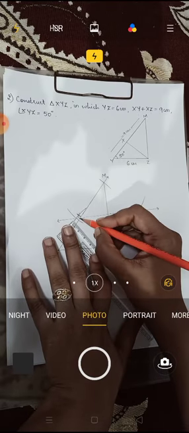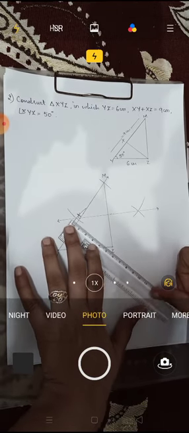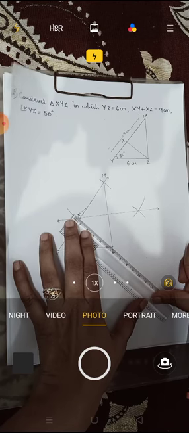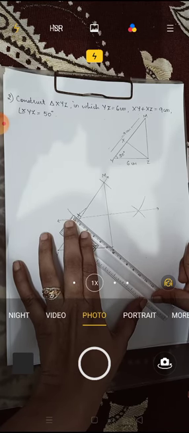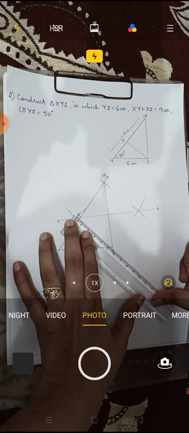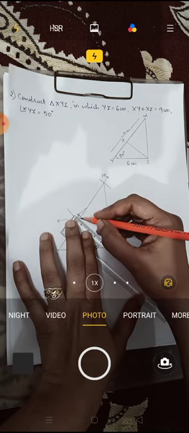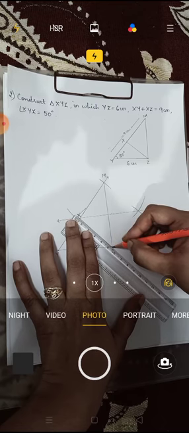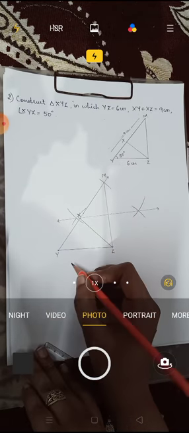Now you will draw this line. This is segment XZ. Okay.